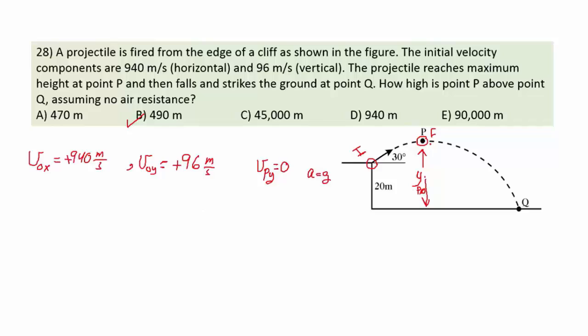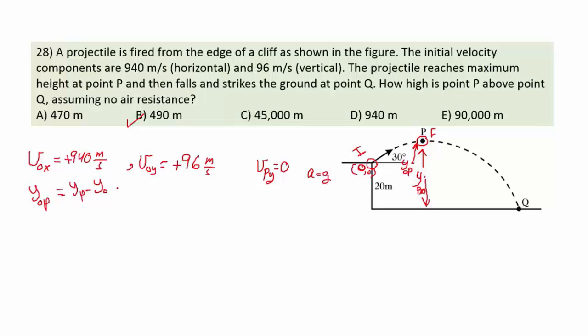Now, in order to find the displacement between P and Q, since our initial point is the point where the projectile was launched and the final point is point P, we can use this information to find the vertical displacement from the launching point to point P, and let's call it y_0P, meaning from point 0, because we are taking the origin of our coordinate at the launching point, to point P. So we are going to find y_P minus y_0.